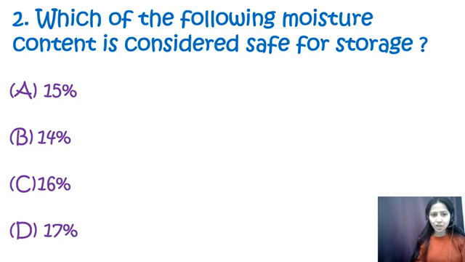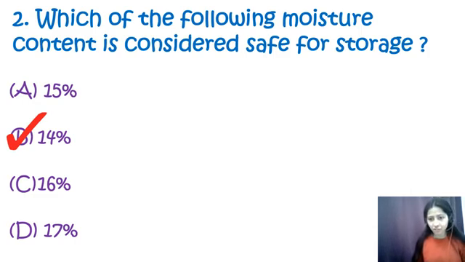Question number 2. Which of the following moisture content is considered safe for storage? Options are 15%, 14%, 16% and 17%. The correct option is B, that is 14%. The safe moisture content for grain storage depends on the type of grain and on the duration of storage.